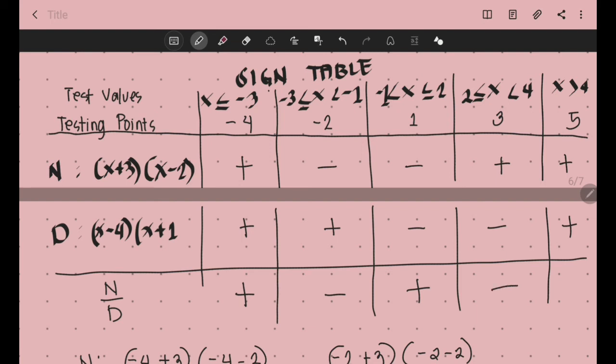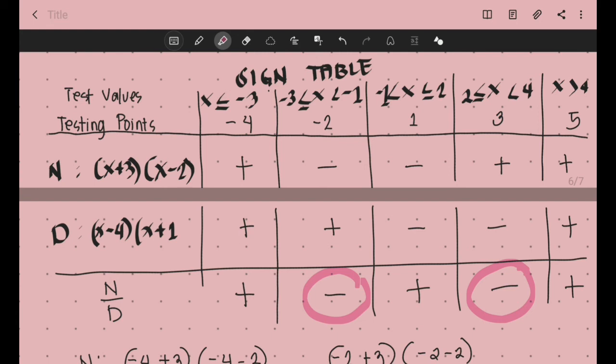Positive divided by positive, that is positive. So, dito nyo ngayon i-observe yung ating kailangan na sign. So, kanina, ang sabi natin, ang kailangan natin na sign ay negative. So, lahat lang ng negative dito, ibig sabihin, nandoon yung ating possible values of x.